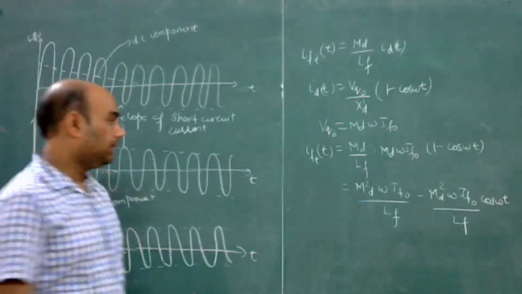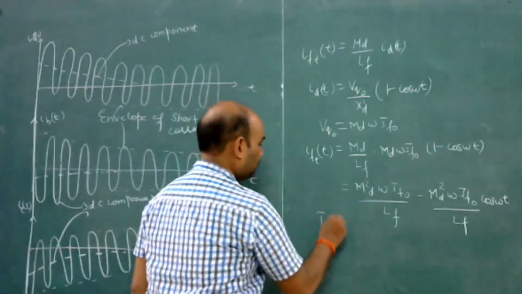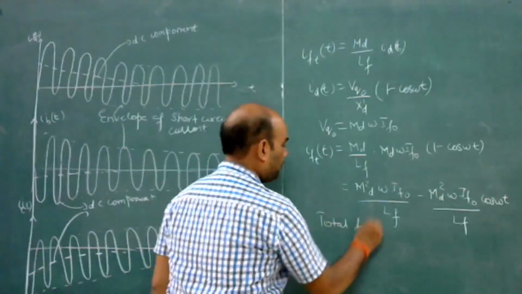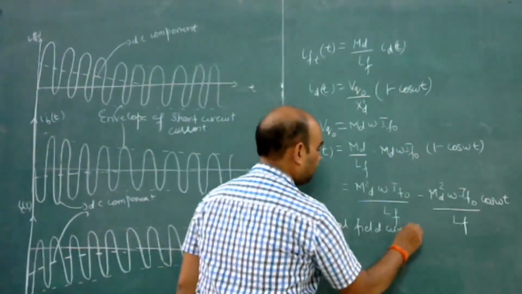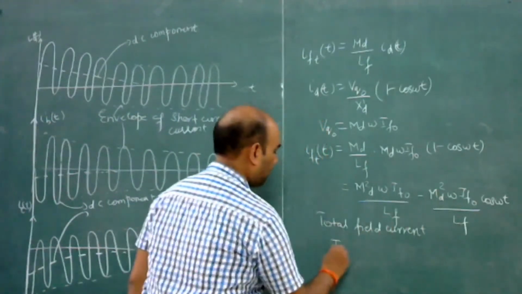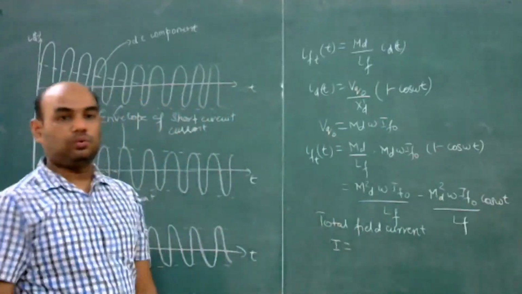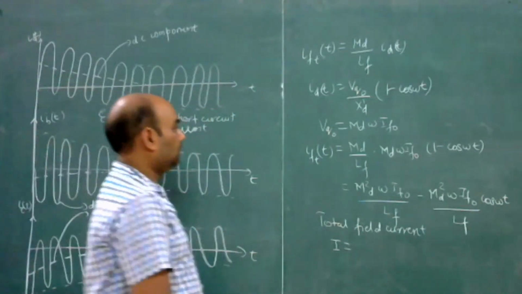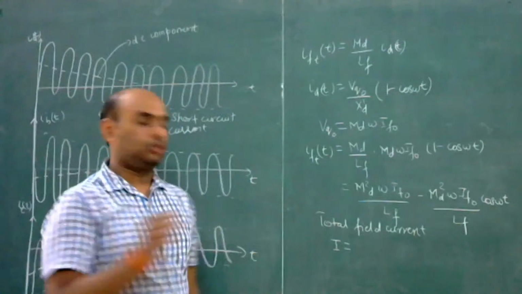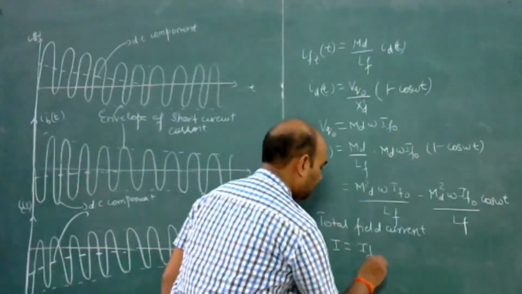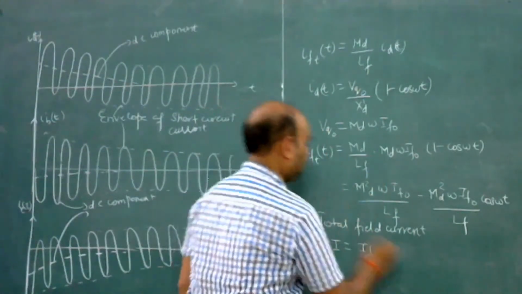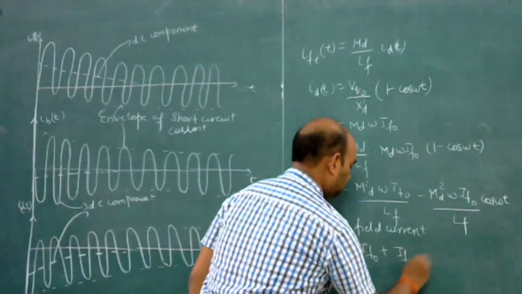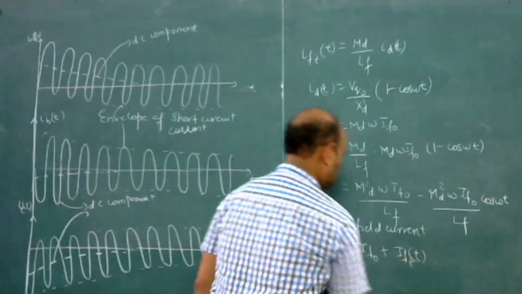So the total field current, If, will be equal to the initial If naught, the initial value before the fault, and then superimposed value of ifT(t) during the fault.